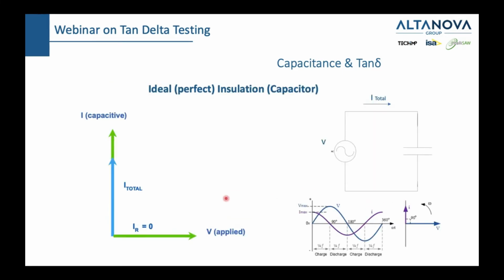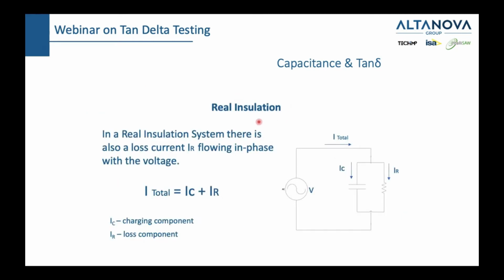But we know that we are not dealing with a perfect or ideal insulation or capacitor. We are dealing with a real insulation, and we learned just a few minutes ago that a real insulation or a real capacitor has a resistive current which is passing through this resistor here, which means that the total current is the vectorial sum of IC and IR.